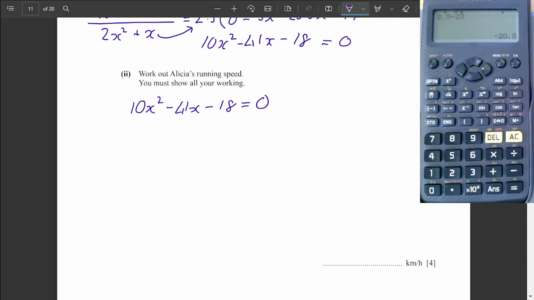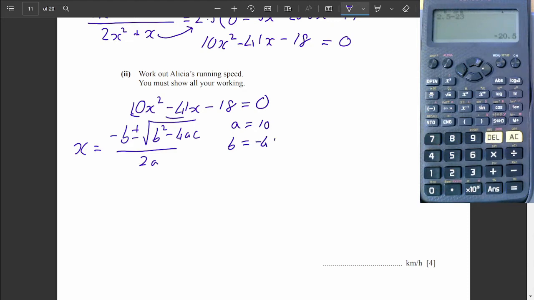So remember, the quadratic formula: x equals negative b plus or minus the square root of b squared minus 4ac, all over 2a. So first of all, in our equation here, a equals 10, b equals minus 41, and c equals negative 18. So be very careful with those negatives. Best thing to do is use brackets. They are very safe.